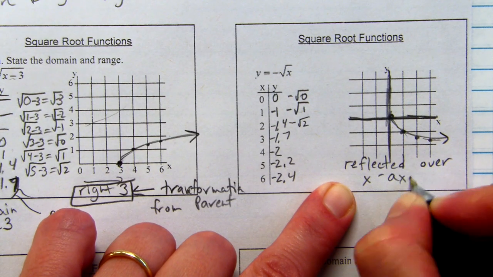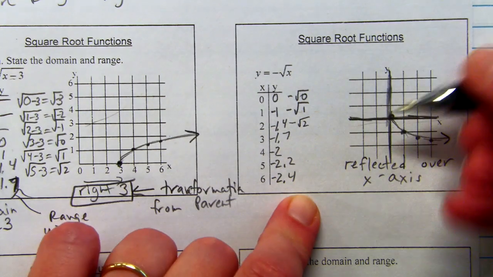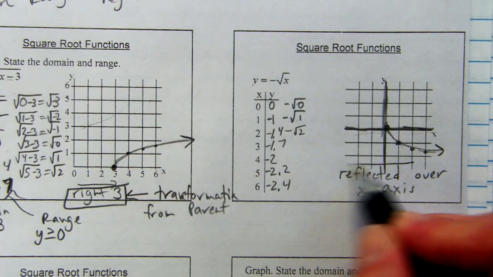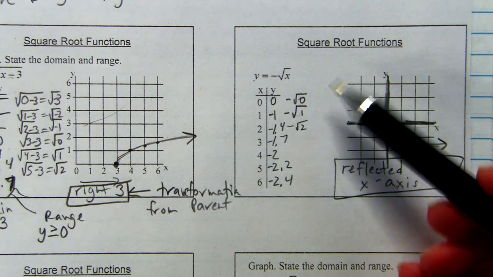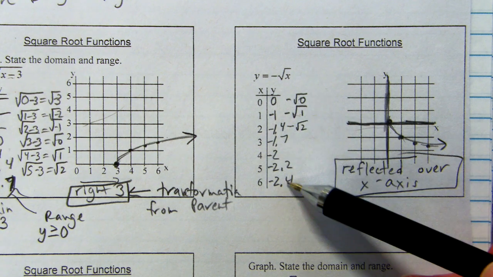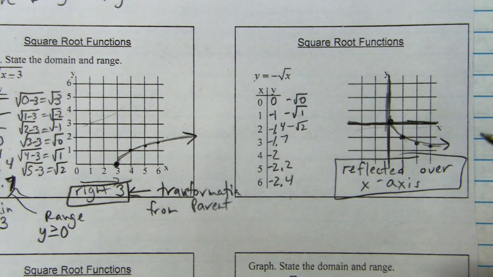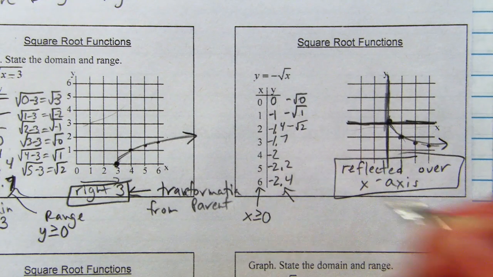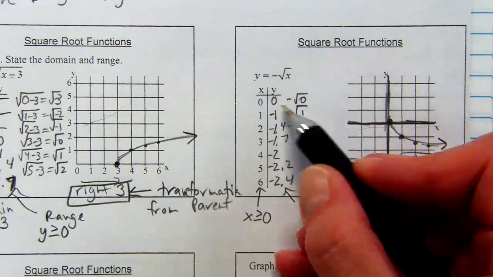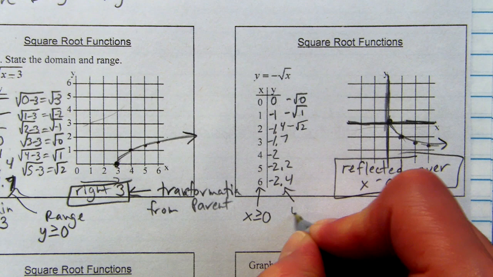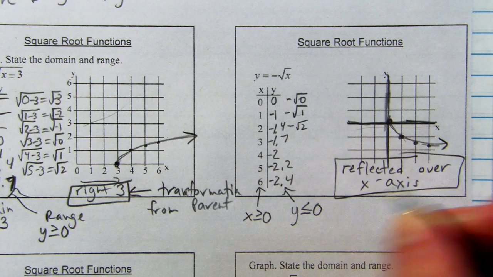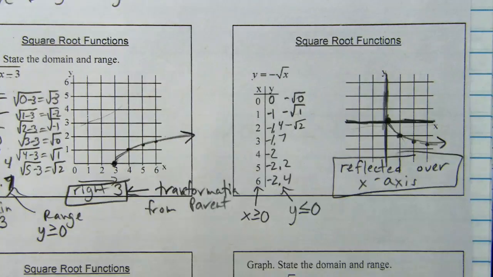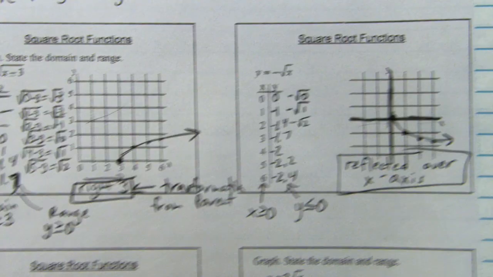So when they ask for the transformation, the term they're going to use is that it flipped over the x-axis. It was up here, it flipped over, now it's down here. Which makes sense because all the y's are negative, so my domain is x greater than or equal to 0, and my y values are 0 and less. It's going to be y less than or equal to 0.